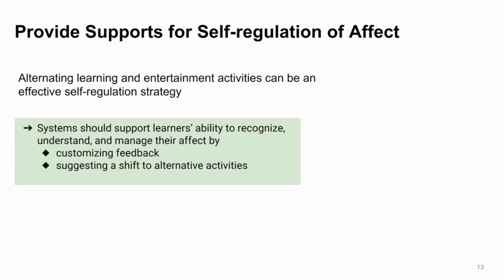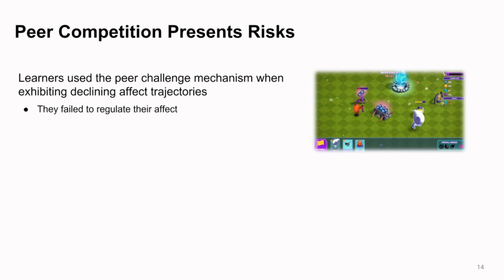Systems should support the learner's ability to recognize, understand, and manage their affect by suggesting a shift to an alternative activity or providing customized feedback. In the study, learners can challenge other players as one of the playing elements.